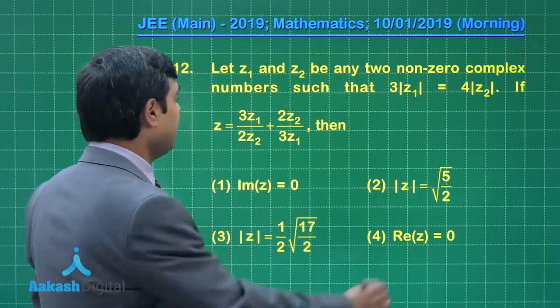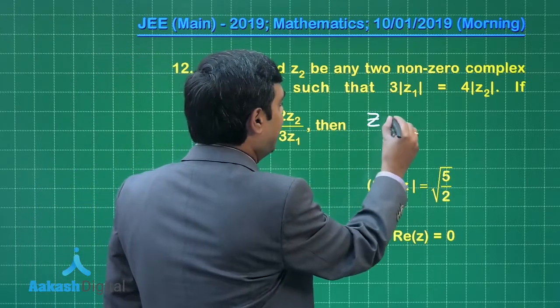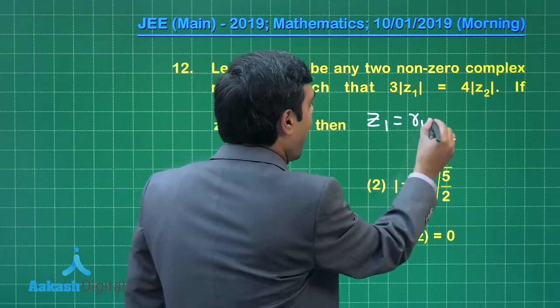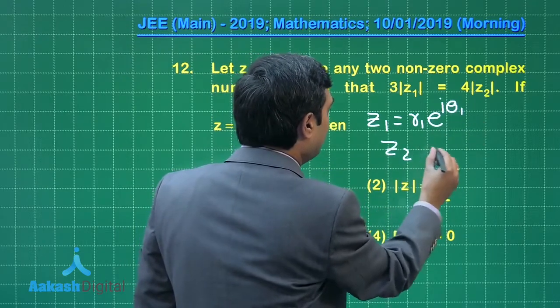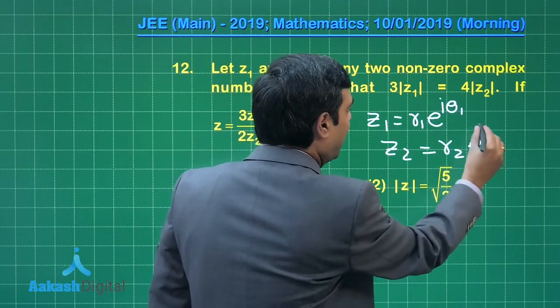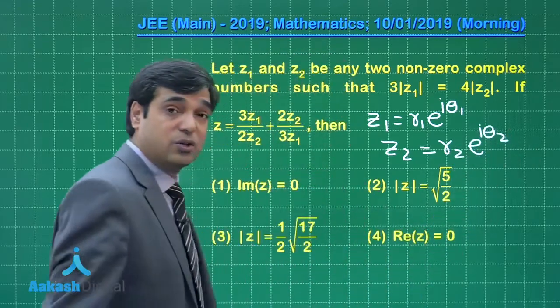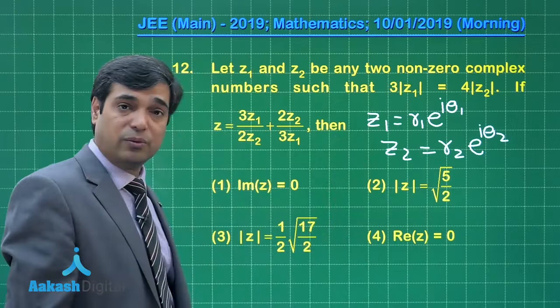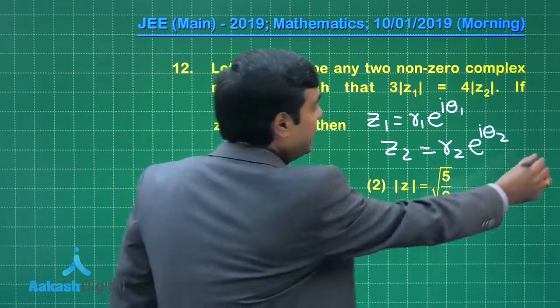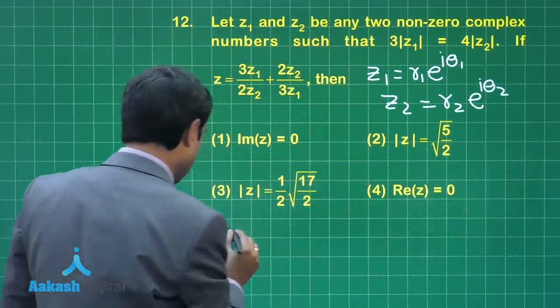Let's check this question. Say I take z1 is equal to r1 e^(iθ1), z2 equals r2 e^(iθ2). So what result given to me? 3r1 is equal to 4r2, right. Now let's see what we are looking for.